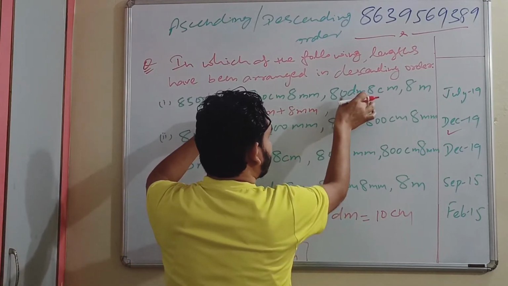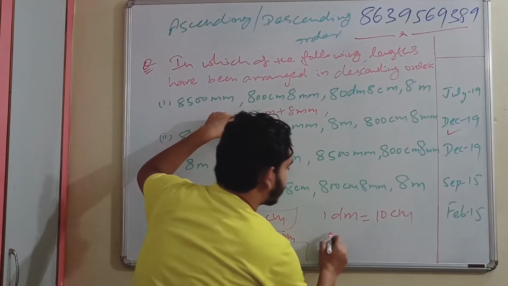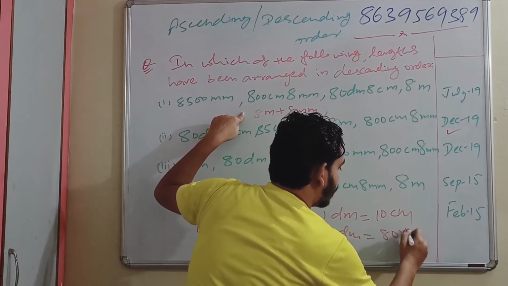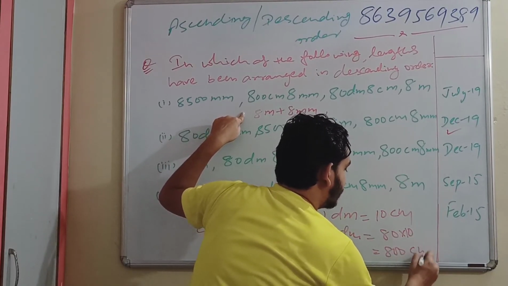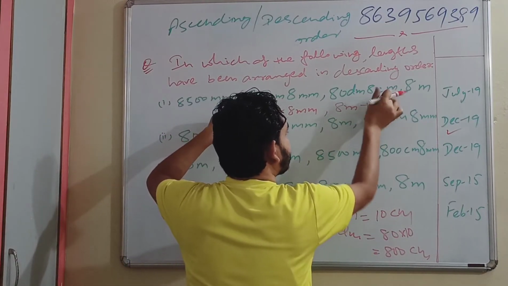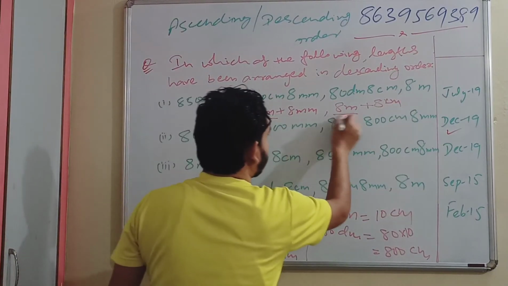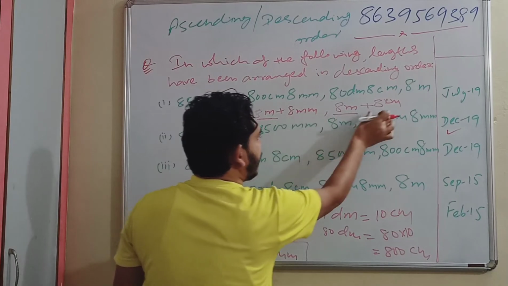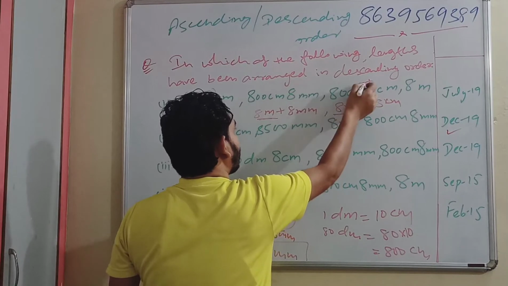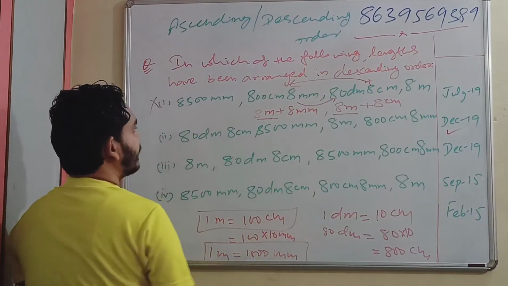Now coming to the third number, this is 80 decimeter. 1 decimeter is 10 centimeter, so 80 decimeter is 80 into 10, that is 800 centimeter. 800 centimeter is 8 meter plus this 8 centimeter. These two are equal at 8 meter, but 8 centimeter is more than 8 millimeter. So it has to come before and this has to go after. So this cannot be in descending order.